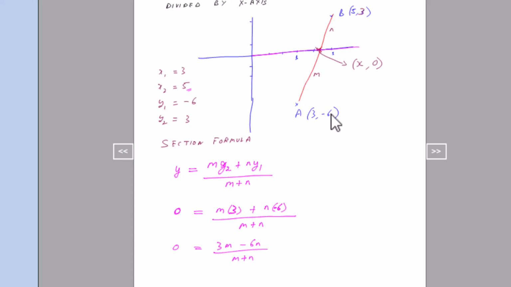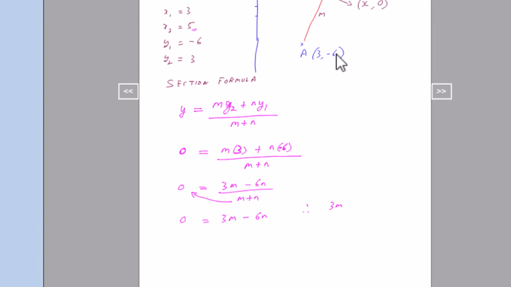Now when we cross multiply, we take this m plus n to the left. It's still 0 because we are multiplying it by 0. So 0 equals 3m minus 6n. Therefore, 3m equal to 6n, or m divided by n, if you take the number to the other side, 3 goes to the other side.